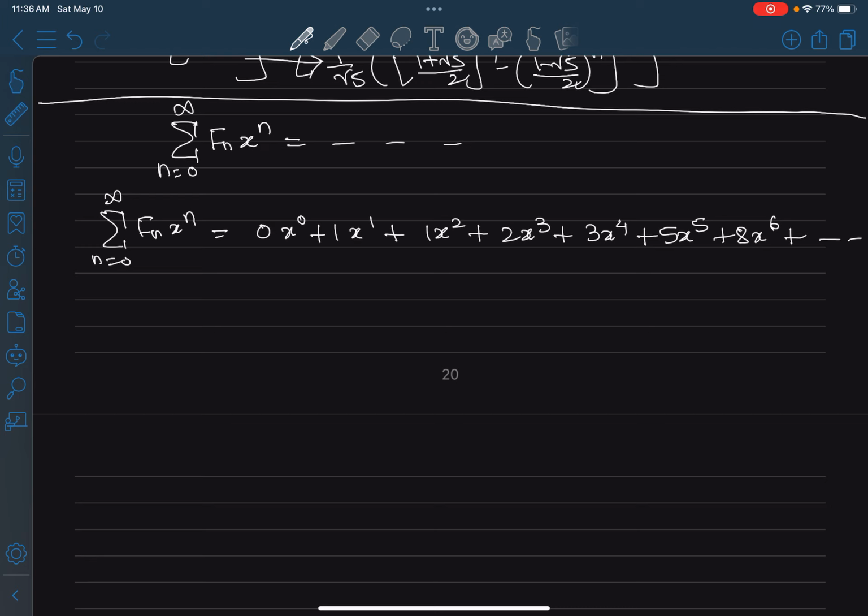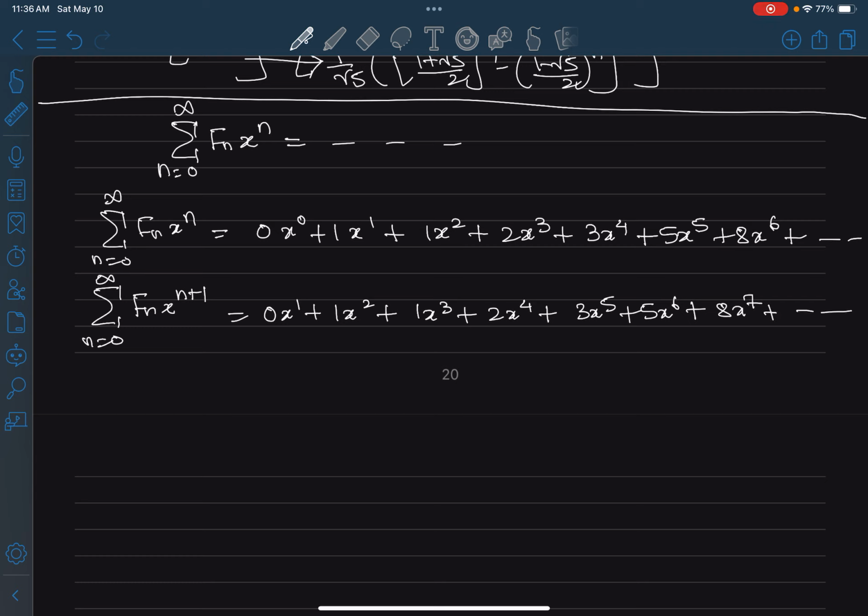If I multiply both sides by x, and there's a reason I'm doing this, you will see in some time, this will now be 0x to the power 1 plus 1x squared plus 1x cubed plus 2x to the power 4 plus 3x to the power 5 plus 5x to the power 6 plus 8x to the power 7, and so on.